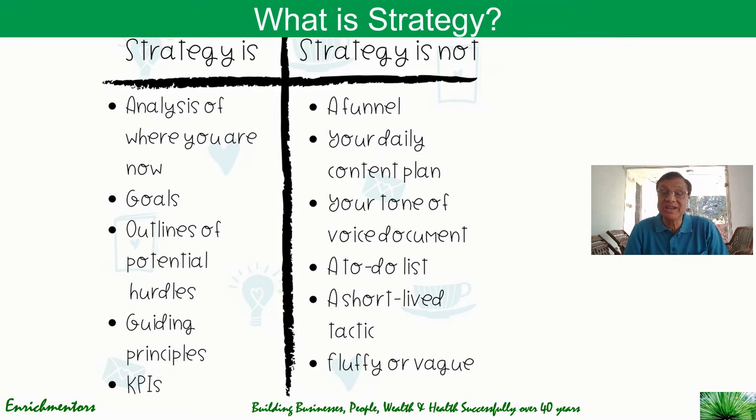It's not your daily content plan. It's not your tone of voice document. It's not a to-do list, and it's not a short-lived tactic. And it's not a fluffy or vague thing. It's a very concrete course of action that you will take to achieve a goal, to reach from where you are today. So that's what a strategy is.